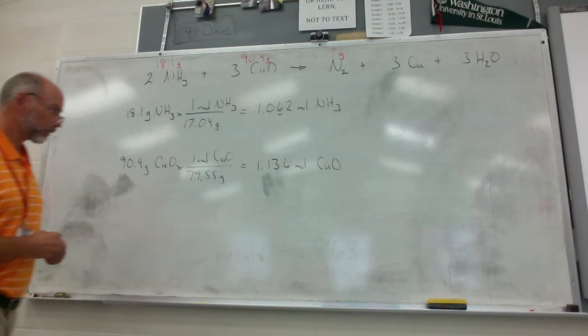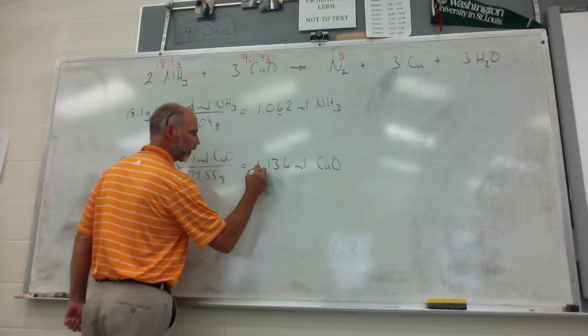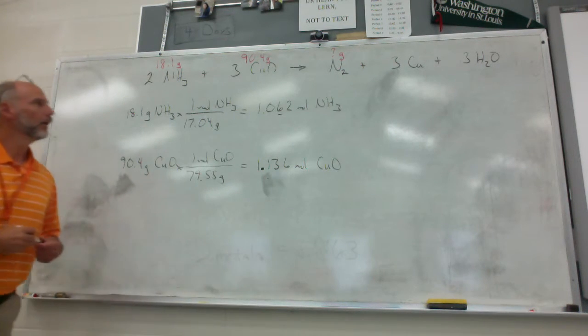Now, it's not always going to be this cut and dry, and so I'll show you what to do if it's not that cut and dry. But there's the moles of ammonia that the 18.1 grams represents. There's moles of copper oxide that the 90.4 grams of copper oxide represents, okay?